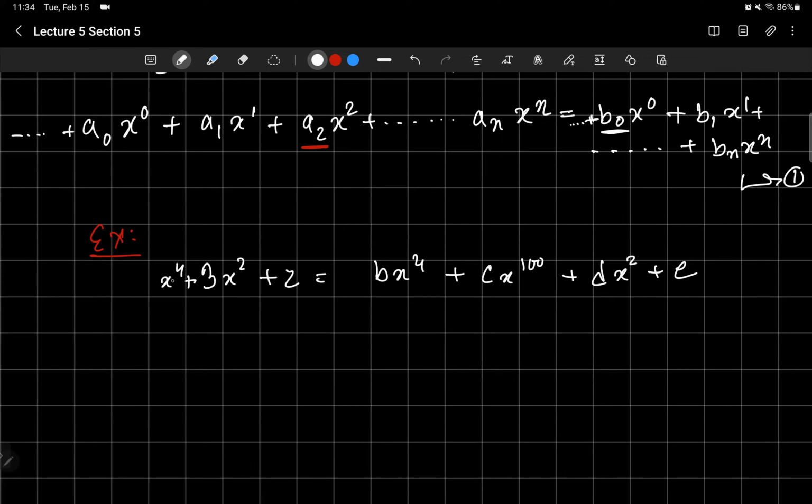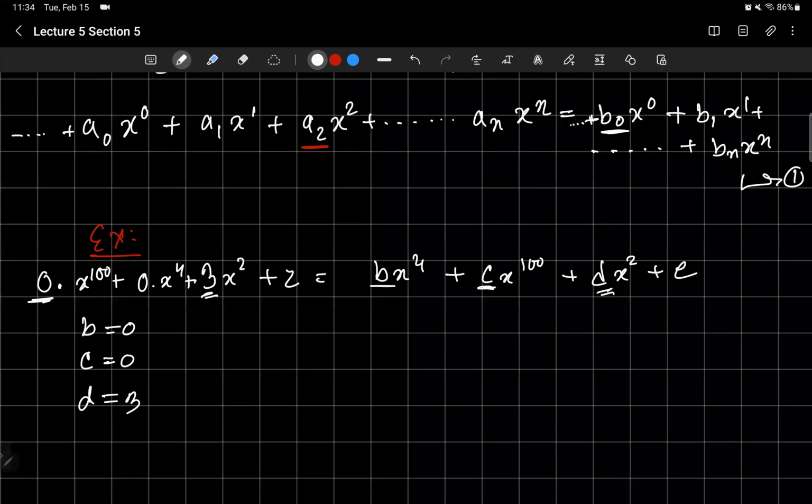But you can always write plus x to the power 4 times 0, and you can always write plus x to the power 100 times 0 as well, because these ultimately give 0. So now I can match the two sides very easily: b is equal to 0, because the left hand side has no x to the power 4 term, c is also 0 because the left hand side has no x to the power 100, but for d, I have a 3, so d is just 3 and e is just 2.